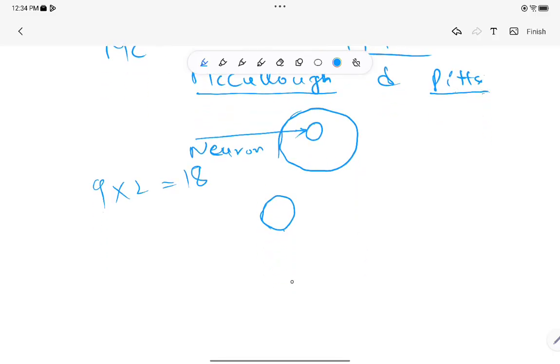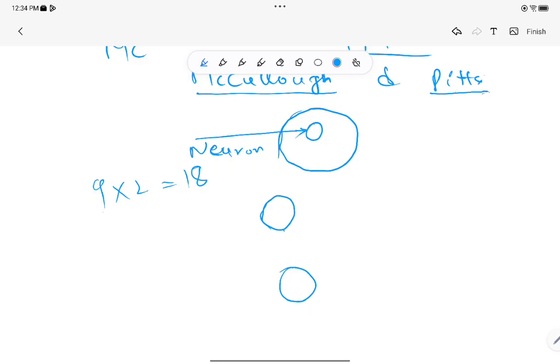Neurons in the brain. Suppose this is a particular neuron. One neuron is connected to several other neurons. The number with which one neuron is connected can be as much as 1,000 or more than that. In fact, when a person is born, every one of his neurons is connected to a huge number of other neurons.